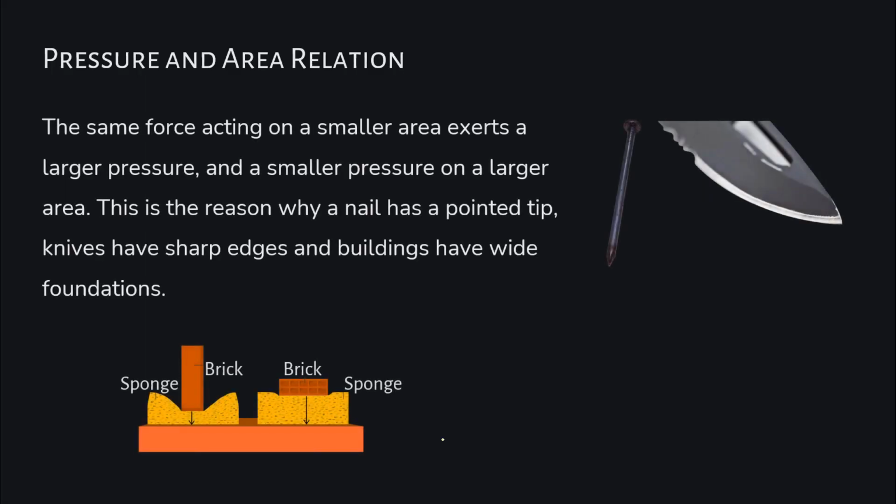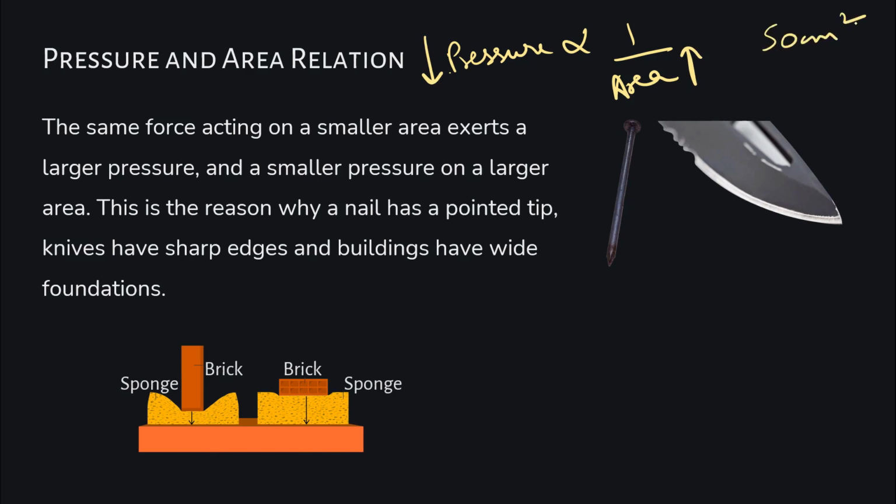So, pressure and area relation. We know pressure is inversely proportional to area. Why so? Because pressure is equals to force upon area. What does that mean? As your area increases, your pressure decreases. Right? If your area is 50 centimeters square, let us suppose, and another area is 20 centimeters square, which one has more pressure? You tell. Of course, this one has more pressure because it has lesser area.